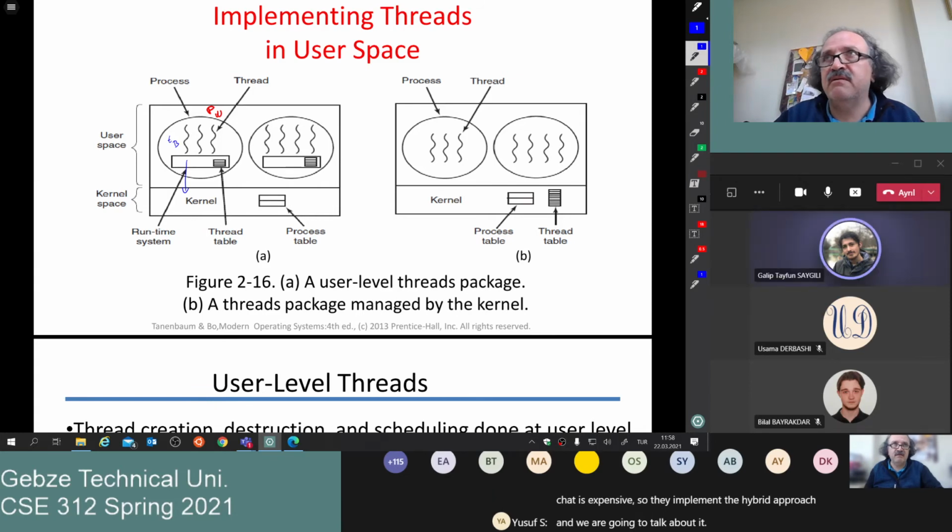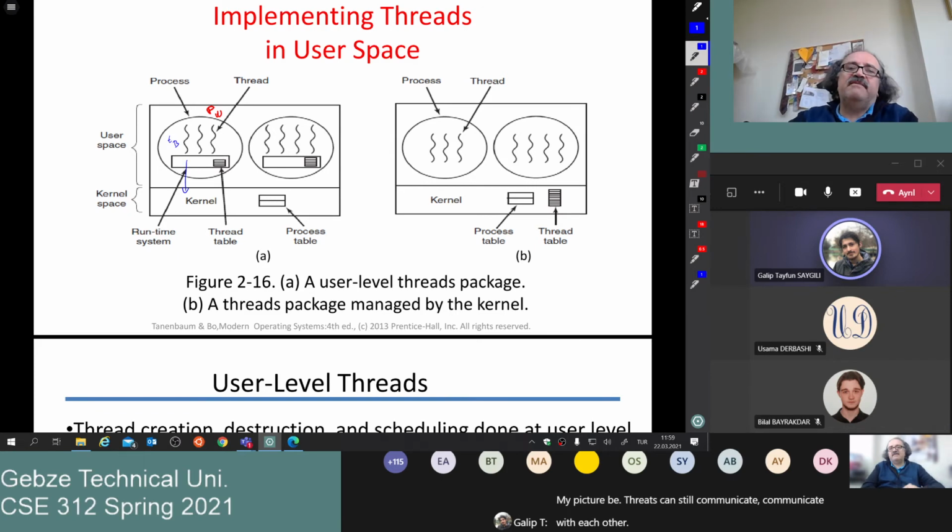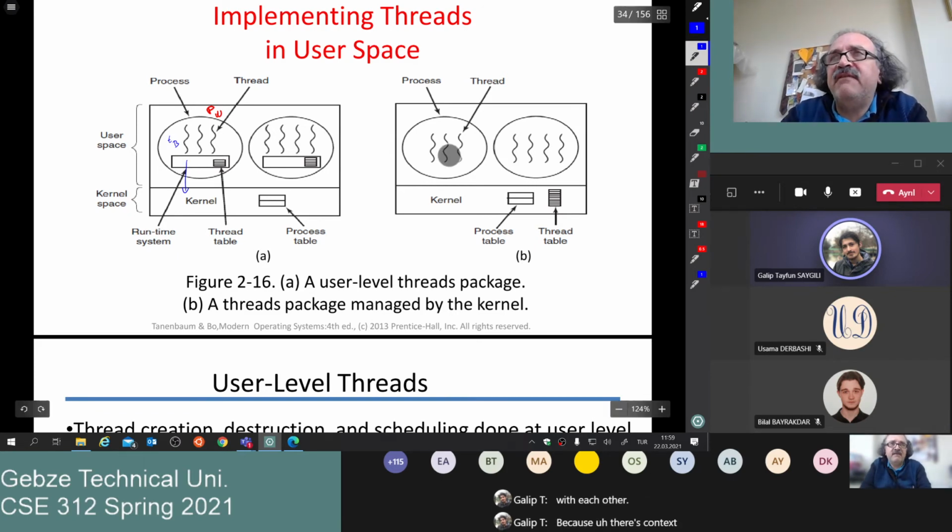Can I ask something? Sure. If the condition is like picture B, threads can still communicate with each other. Sure, yes. These three are definitely sharing the same address space.